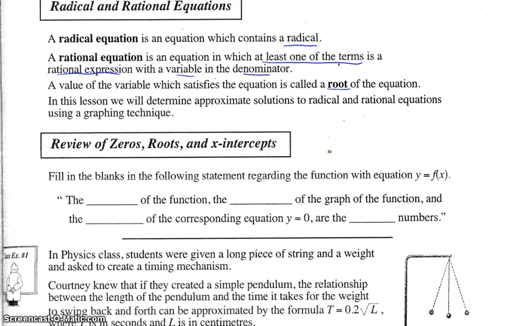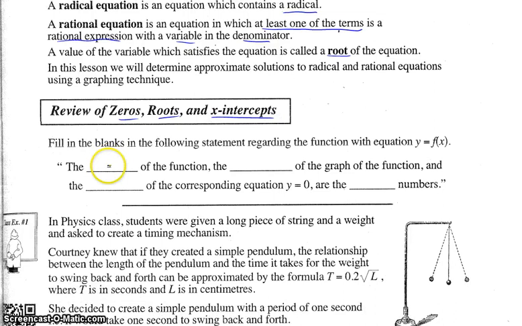Now, when you hear the words zeros, roots, x-intercepts, really they're all just the same. So to fill this in, the zeros of the function: if you see f of x equals blah, blah, blah, find the zeros, they're basically saying let y equals 0 or f of x equals 0.